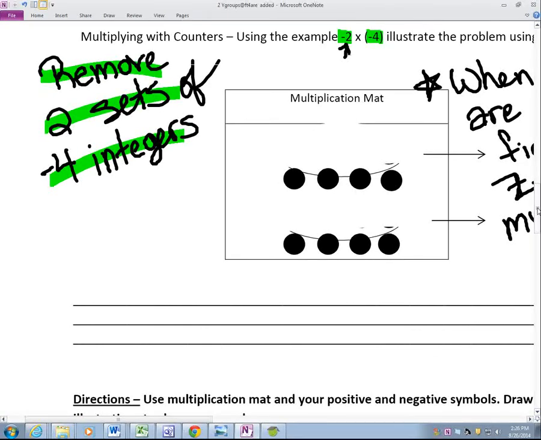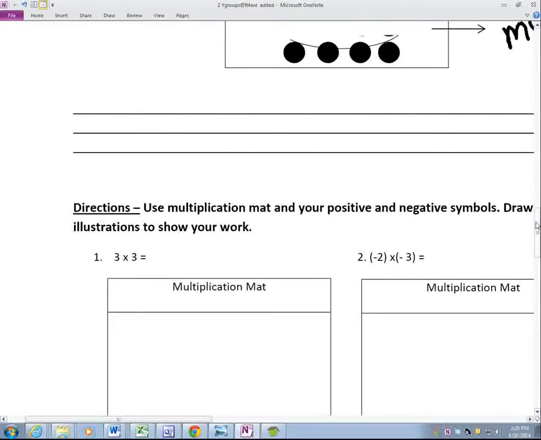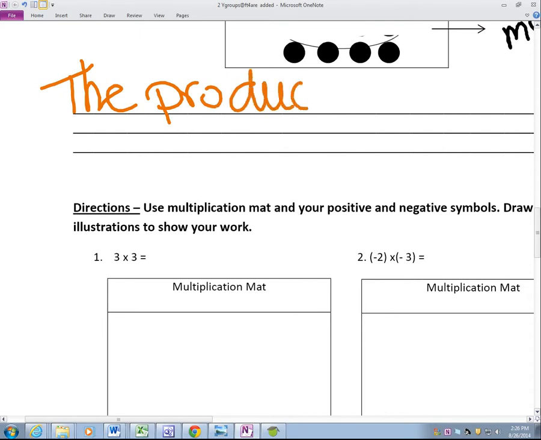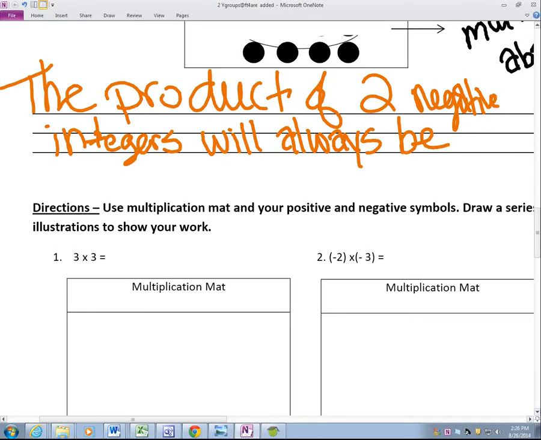So we have the product of 2 negative integers will always be positive.